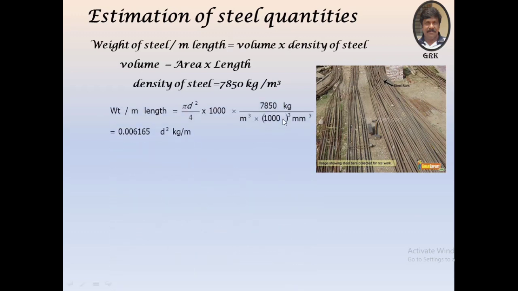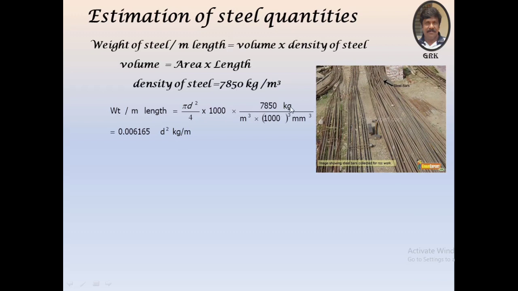Now let us estimate this with respect to the diameter of the bar, where the diameter will be substituted in terms of mm. So area is calculated by using the formula pi d square by 4 into 1 meter is 1000.